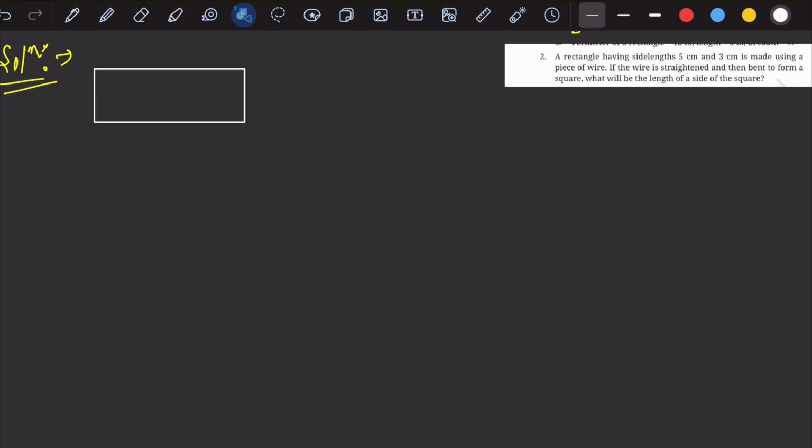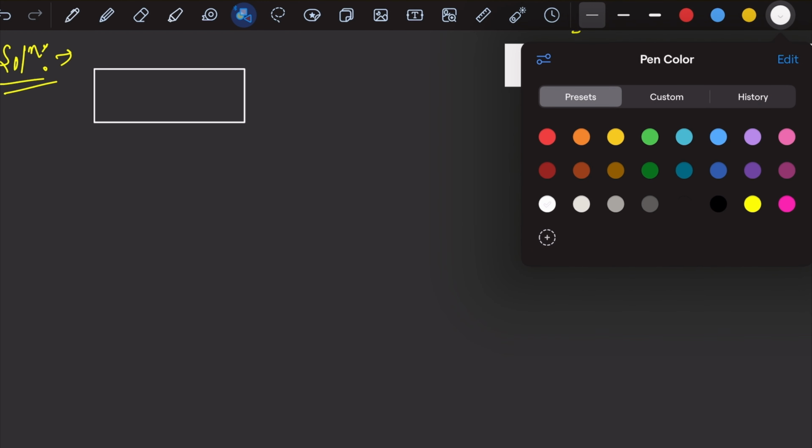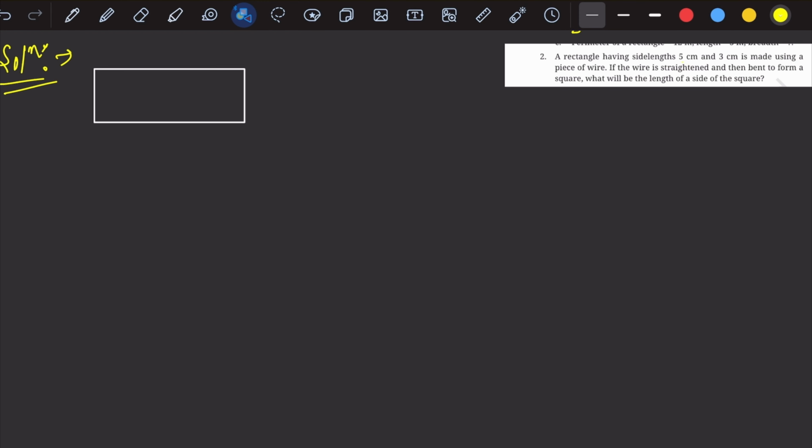Okay, and what are the dimensions of this one? Here it is given 5 centimeter and 3 centimeter. Okay, so we will take length as 5 centimeter and we will take breadth as 3 centimeter. So this will be 3 centimeter, this will be 5 centimeter.